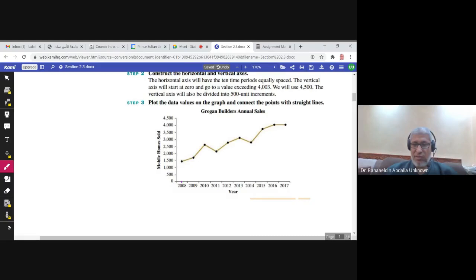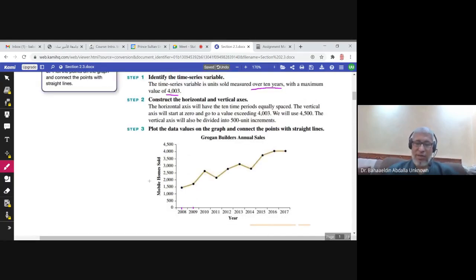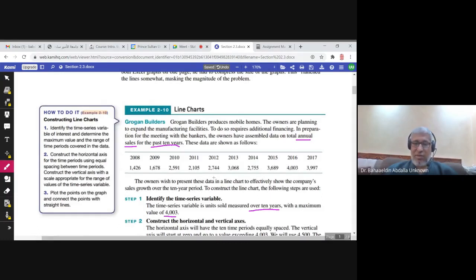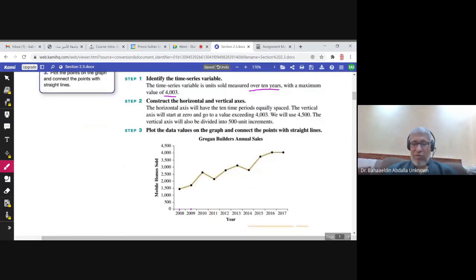So this is 2008. This is 2009, and so on. And now we put the annual sales on the y-axis. And to choose a unit of measure, you have to look at the data. So the maximum is 4,000, the minimum is 1,400. So you need a unit of measure from 0 to 4,000. So he chose here 500. So 500 is okay, is good. So each bar is for 500: 0, 500, 1000, and so on.